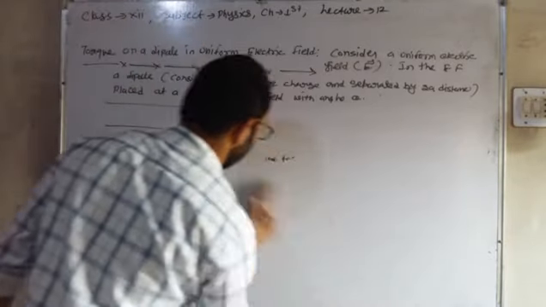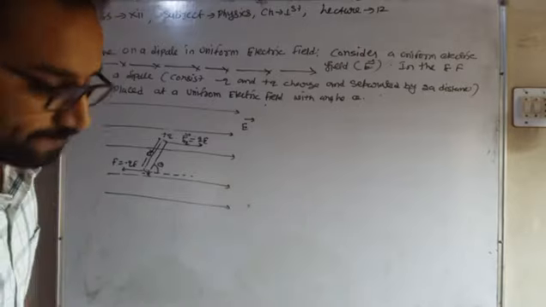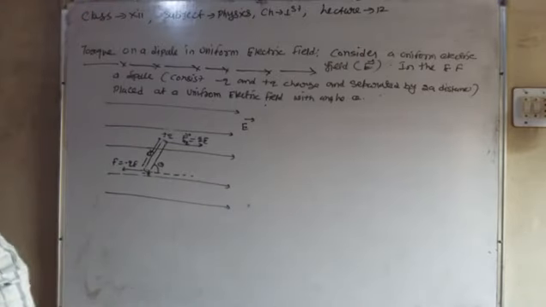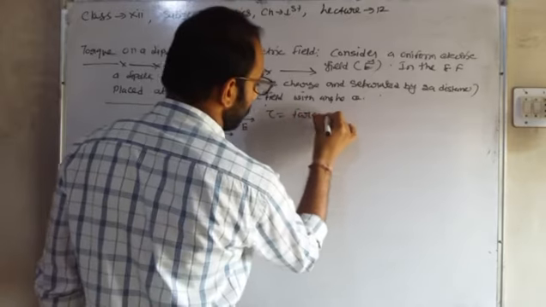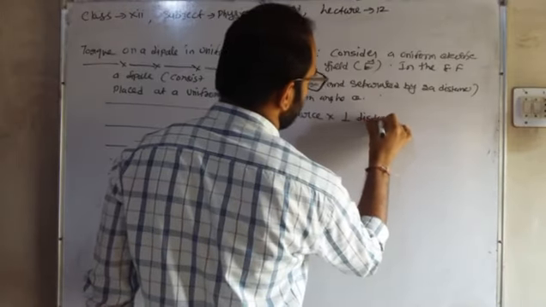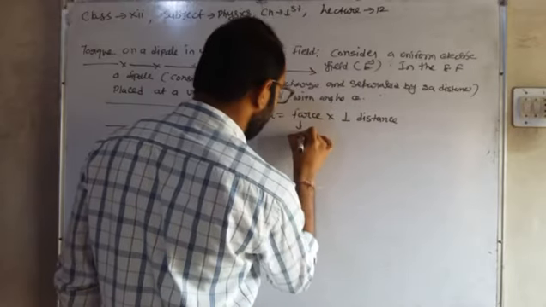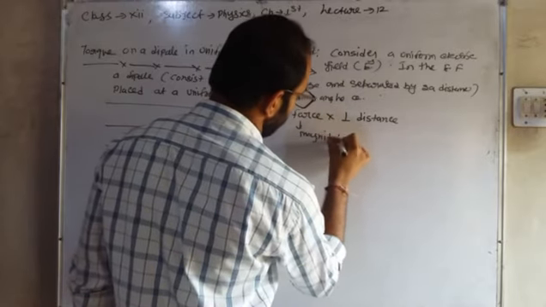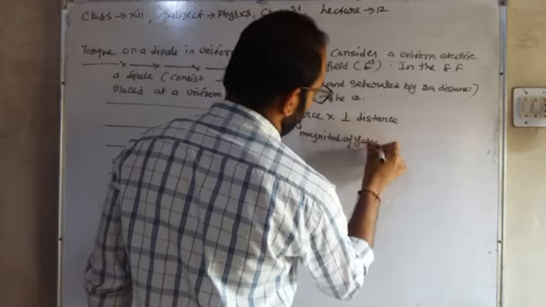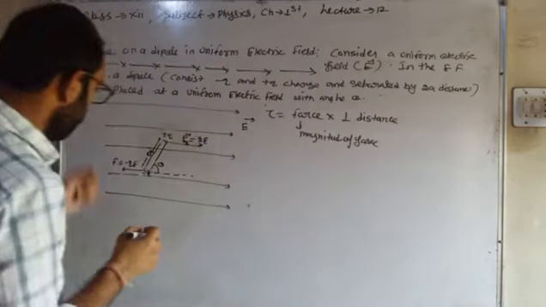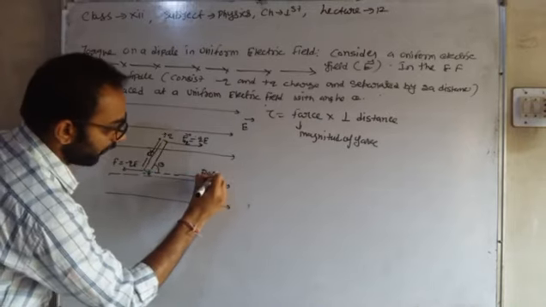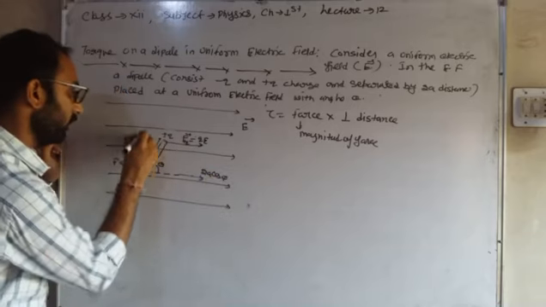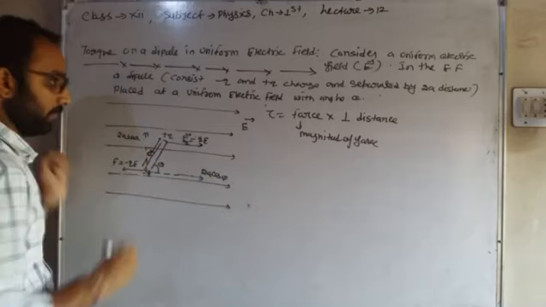Then what is the formula of torque? Force multiplied by perpendicular distance, that is the magnitude of force and the perpendicular distance. Resolving the 2a into components: 2a cos theta on one side and 2a sin theta on the other.